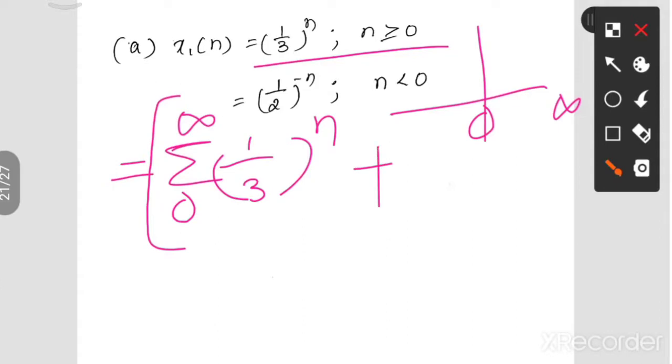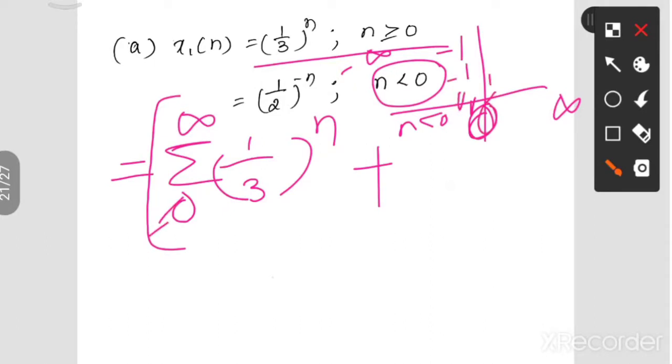Another signal is true when n is less than 0, so up to minus infinity we have that signal. You take it from minus infinity to minus 1. Don't take it from minus infinity to 0, because the 0 term we have already considered.